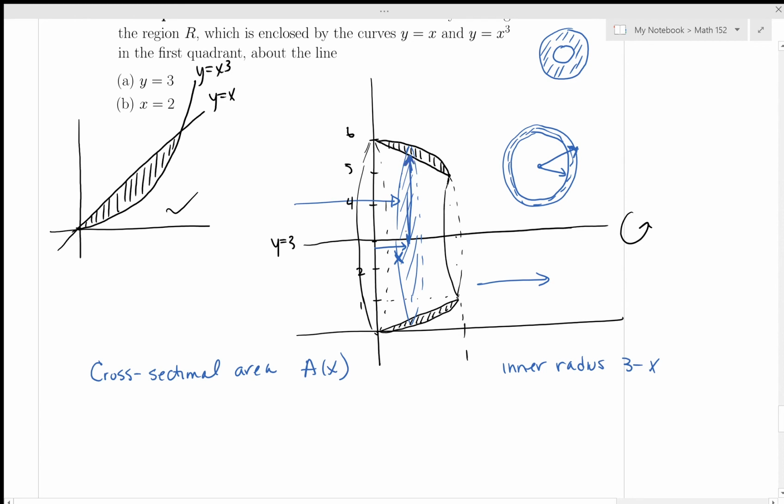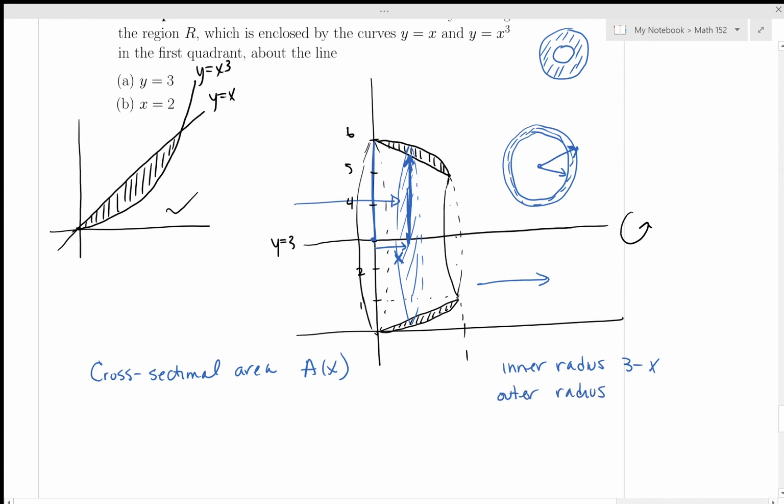That is the line y equals x, and we're rotating about the line 3, so that radius is going to be 3 minus whatever x value that is, because that is whatever y is. You can test this easily by looking at what the radius is right here when x is 0. You should get 3. And what's the radius right here when x is 1? The radius should be 2. So that works.